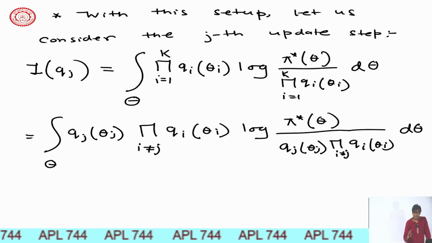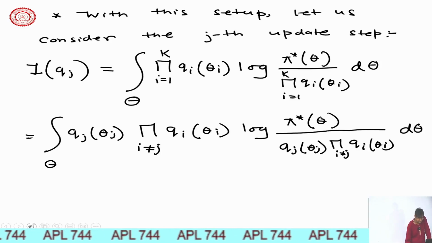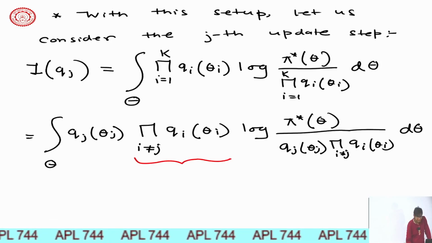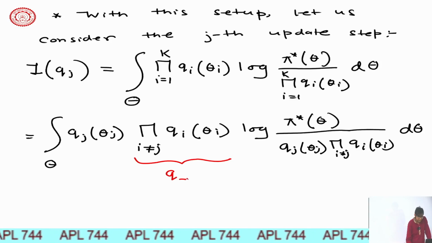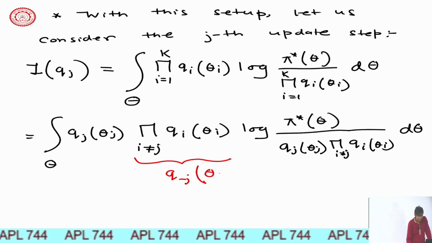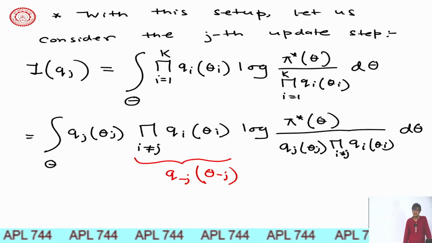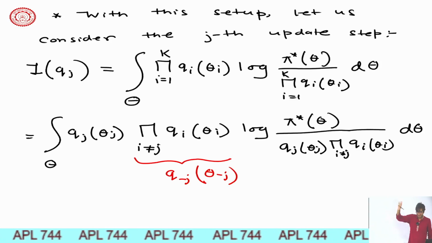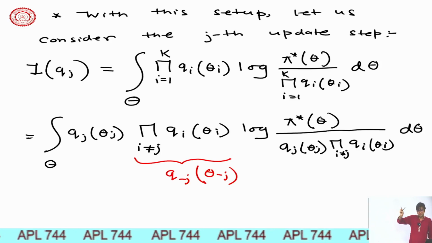I want to make my life simpler, so this term I will call q minus j theta minus j. What does it mean? It includes the product of all the qi theta i except i equal to j. That is the notation I am using.